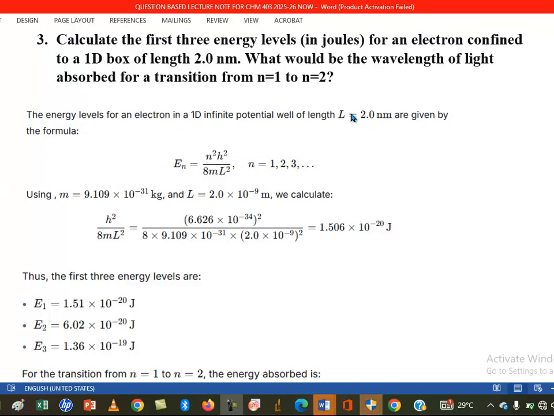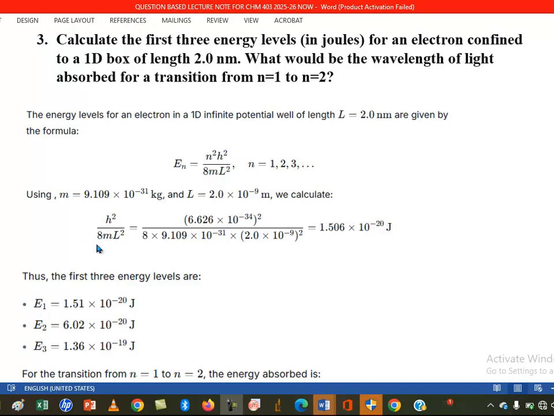And your L is given as 2 nanometers. So m, which is the mass, will be 9.109 times 10 raised to the power minus 31 kilograms, and L is equal to 2 times 10 raised to the power minus 9 meters. Okay, so this is our equation here.